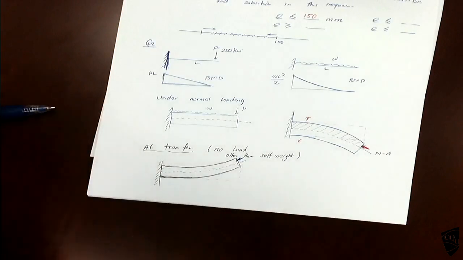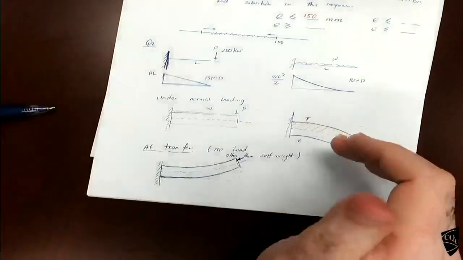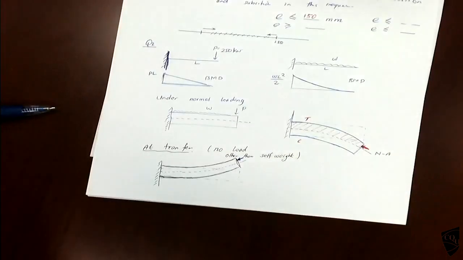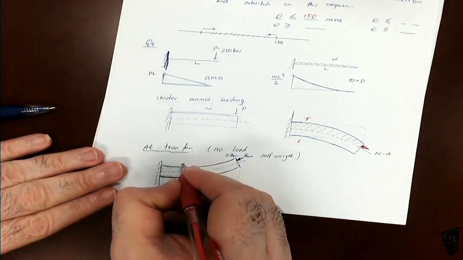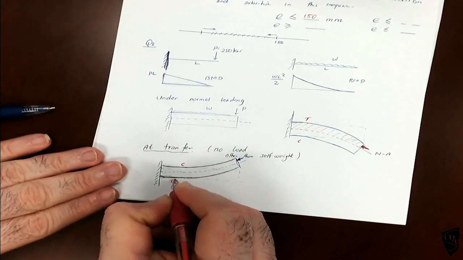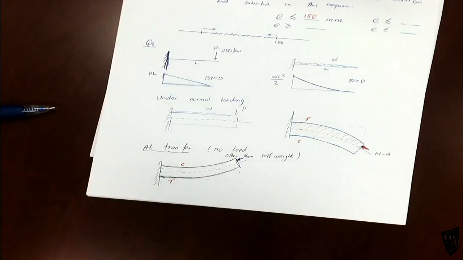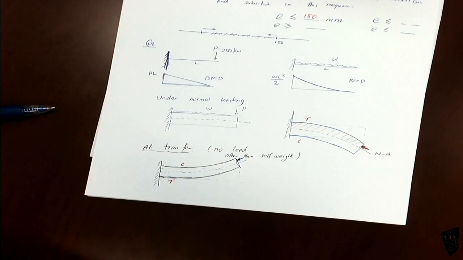So the deflected shape at transfer will be opposite to the service. Okay, remember that one. So the top part will be under compression, bottom part will be under tension. Clear?